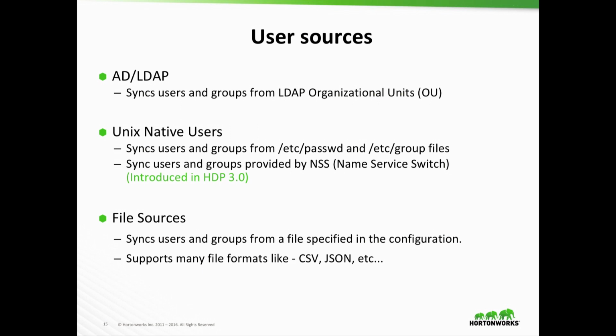So in HDP 3.0, we also introduced the support for gathering the information of users and groups using NSS. Then the last sync source that we support is the file-based, where users and groups can be written in a file in a CSV or JSON format, and you can sync the users and groups from there.